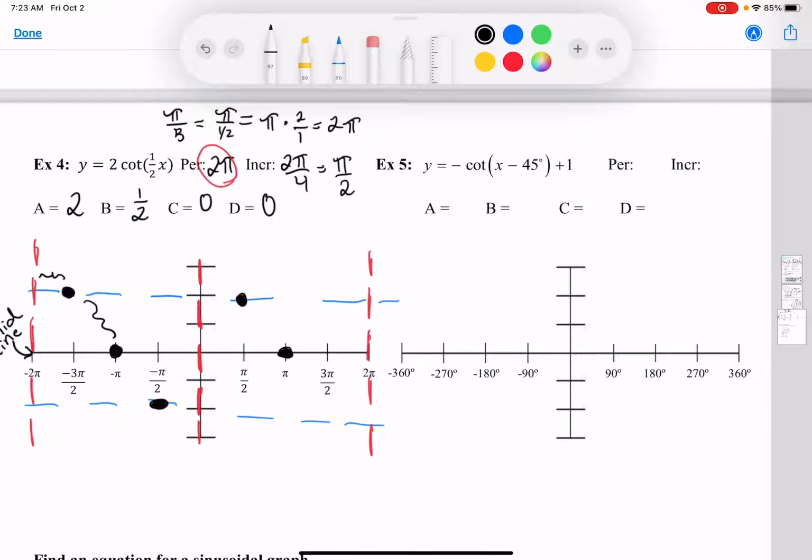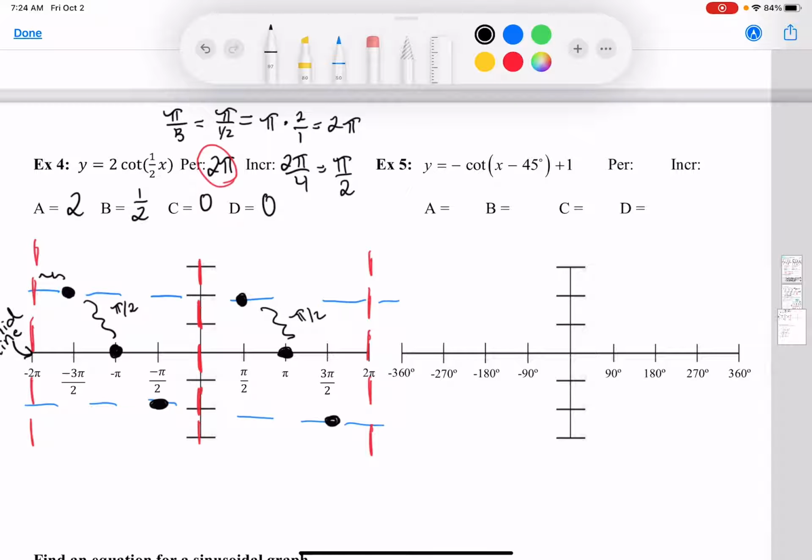And notice that every time I'm plotting a point, this distance here is indeed pi over 2. Okay, so even just looking between pi over 2 and pi here, you can see that's an increment of pi over 2.